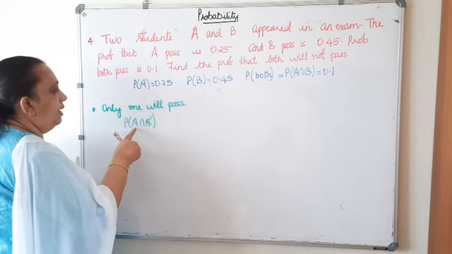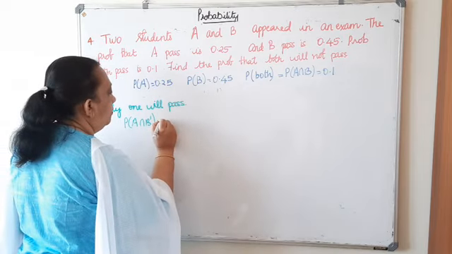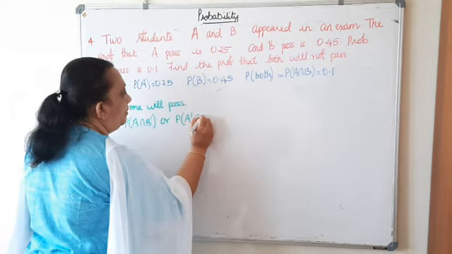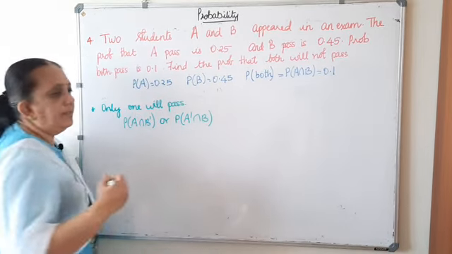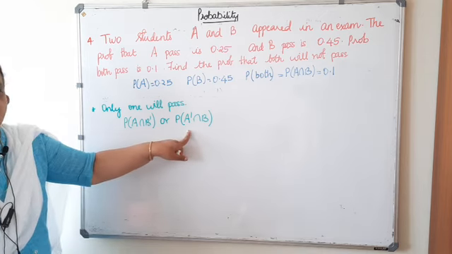Only one. If A passes, B will not pass. Or when A will not pass the examination, B passes the examination. Okay. Only one will pass the examination.